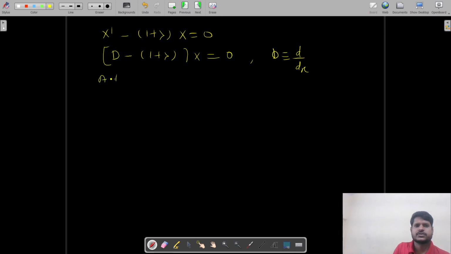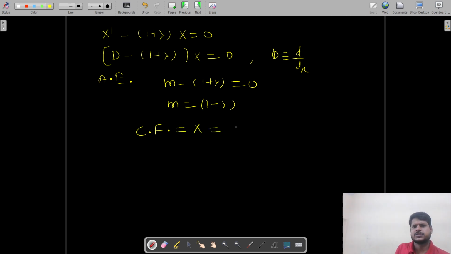Now the auxiliary equation is m minus 1 plus lambda equal to 0, so m equals 1 plus lambda. Here this is homogeneous, so the complementary function will be the solution. So capital X is equal to c1 e raised to the power 1 plus lambda into x, right?